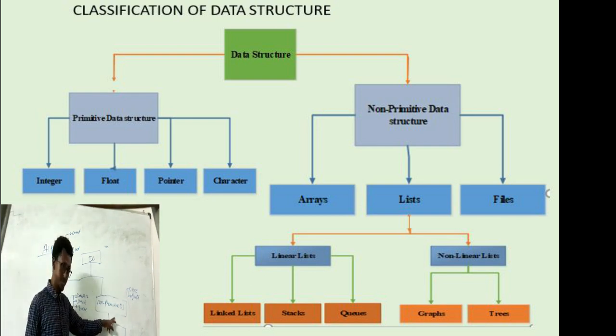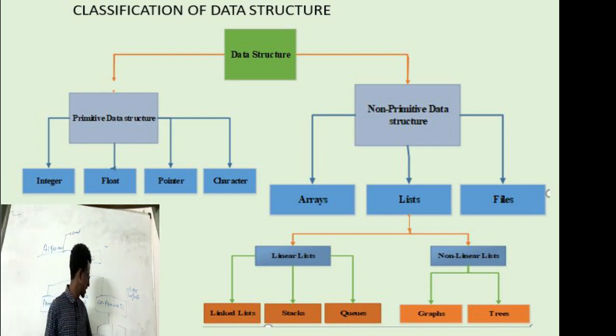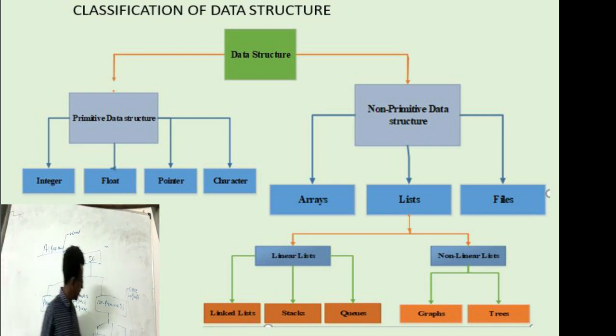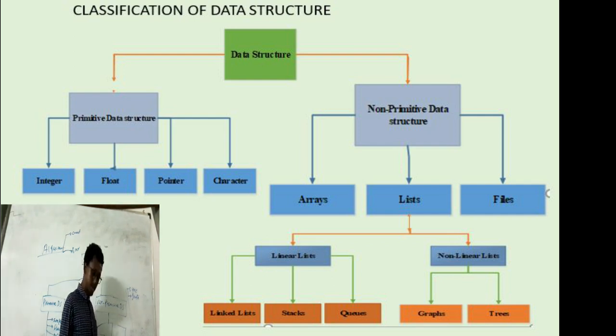If it is non-primitive, it may be array type, list type, or file type. If it is list type, it is either linear or non-linear data structure type. If it is linear, it may be linked list, stack, or queue. If it is non-linear, non-primitive, your data may be tree or graph.